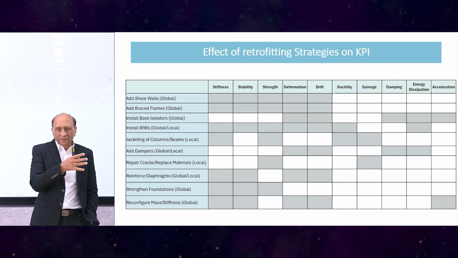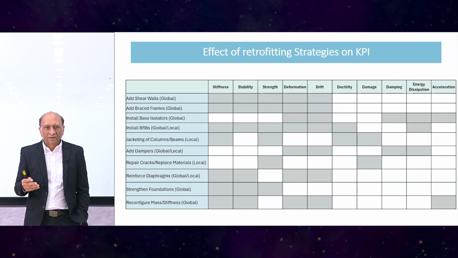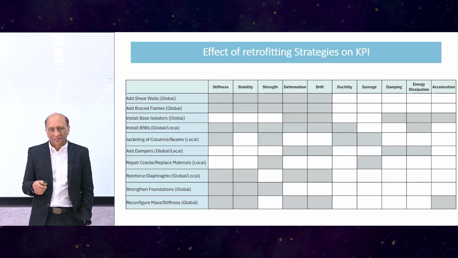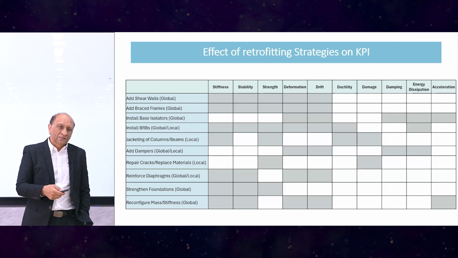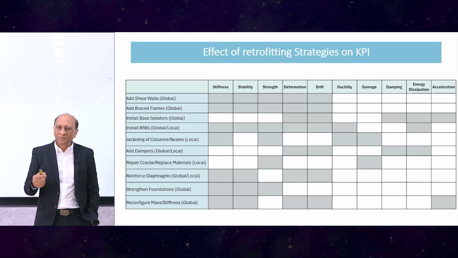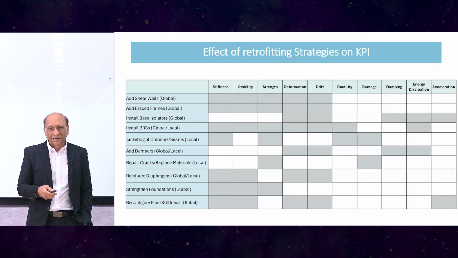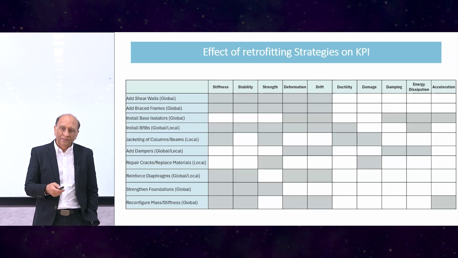Some things help in everything. For example, BRBs are really good. They help in so many things. So these days, adding BRBs is a very common solution to most retrofit problems. Of course, other similar energy dissipation devices can also help.